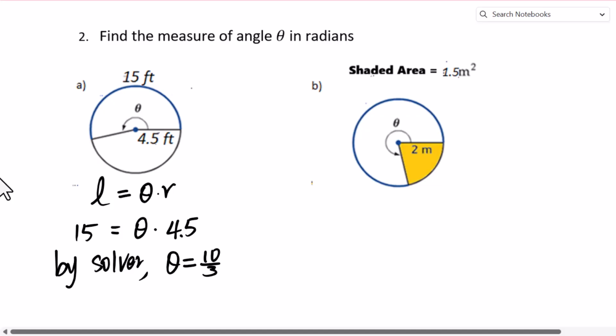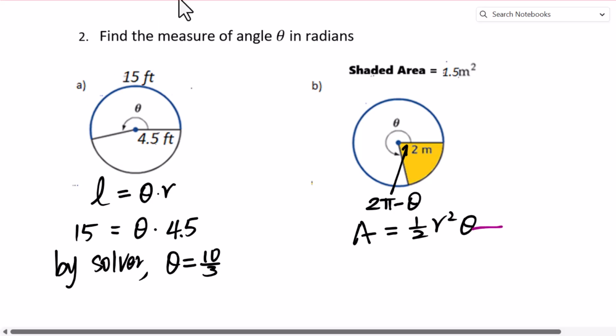Let's go to B. We are given this shaded area, 1.5 meters squared. We are looking for this theta. For this shaded area, we know this central angle is 2 pi minus theta. We got to use this formula: area equals 1/2 r squared theta.